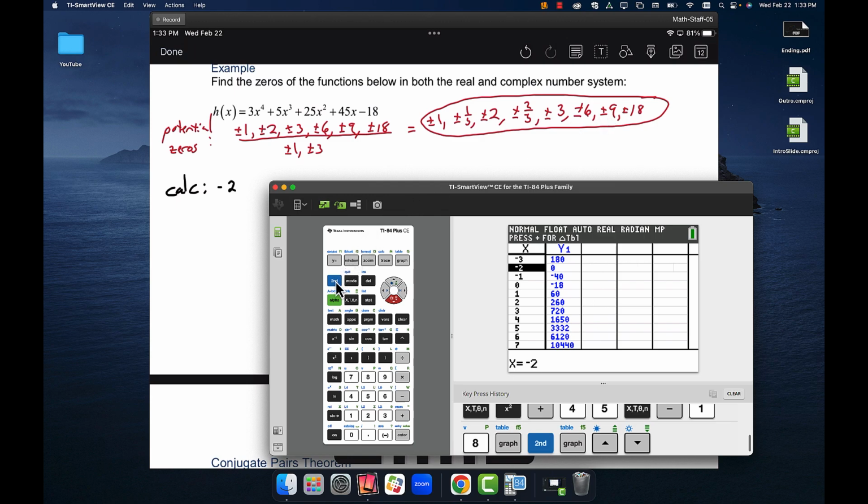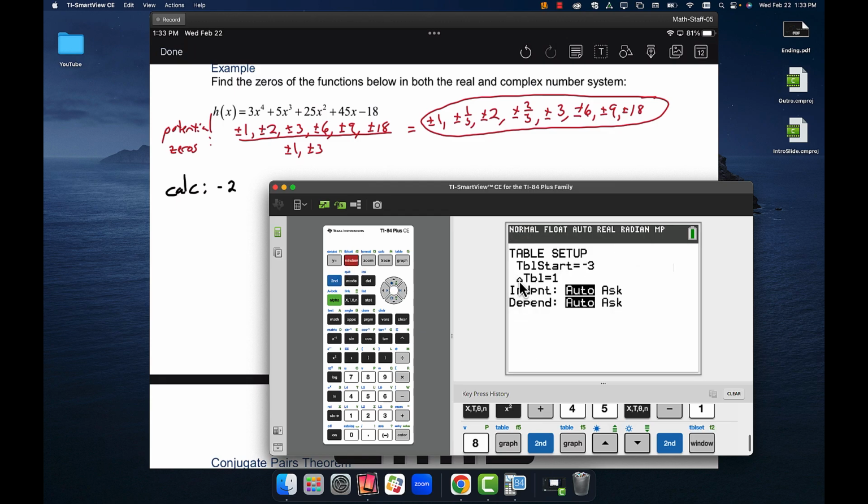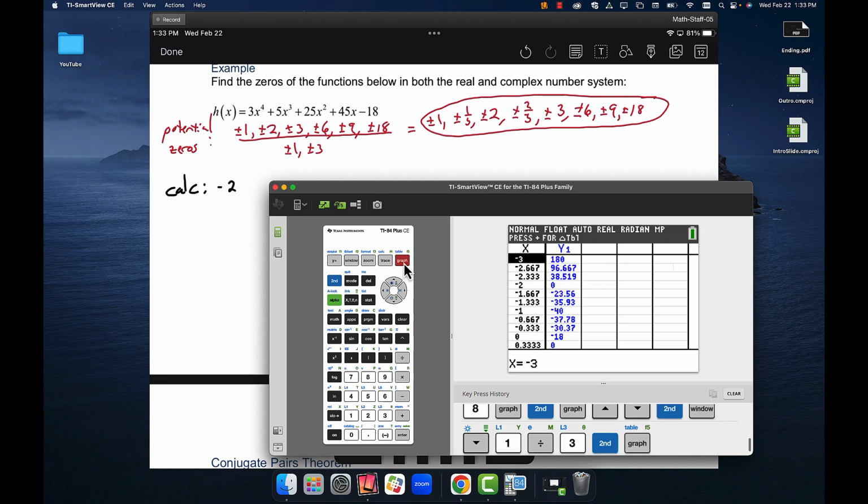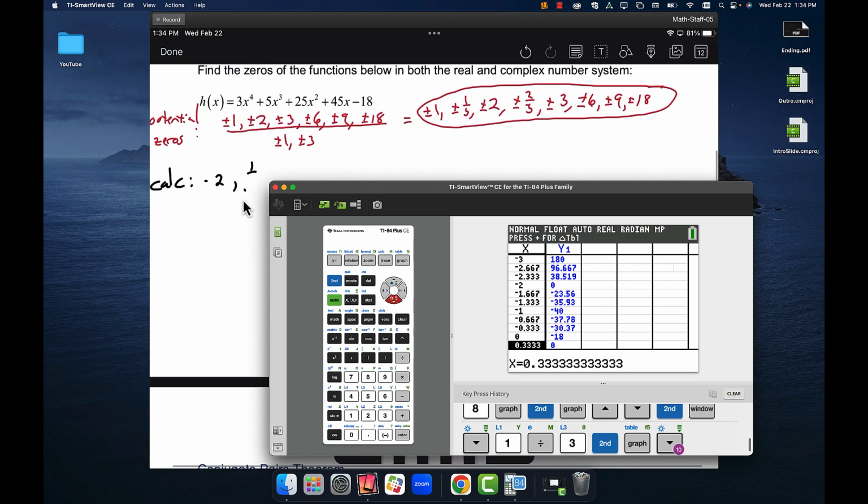So to do that in the table, we can go to second table set, and we can change the delta table to increment, instead of by 1, by 1/3. And then go back to the table. And now let's look to see if that 1/3 is indeed a 0, which it looked like it was in the graph. 0.3 repeating is 0, and 0.3 repeating is a third. So it looks like our other value is 1/3. So we have -2 and 1/3.